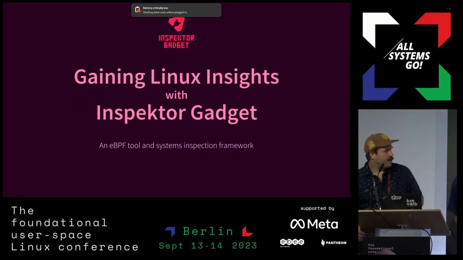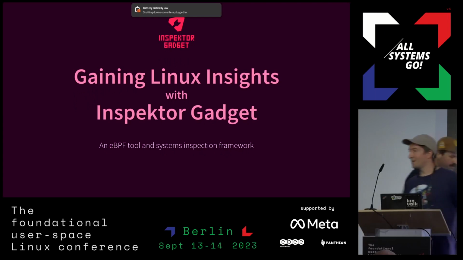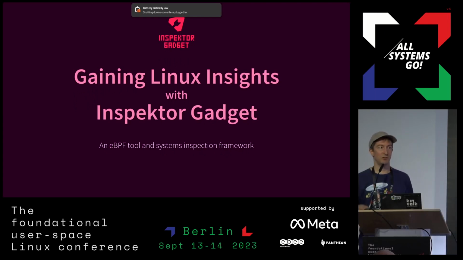But maybe, Alban, do you have more to say about that? I just wanted to mention that to run the BPF programs, we need capabilities like CAP_SYS_ADMIN and others. So in practice, the Inspektor Gadget process is running with full privileges. You need to be admin on the machine or on the cluster to be able to run it. At the moment, it's like that.